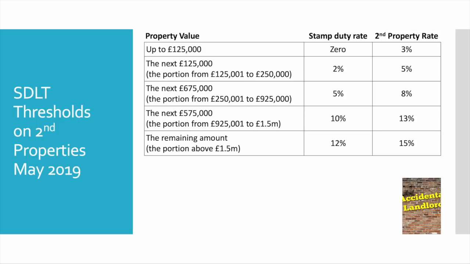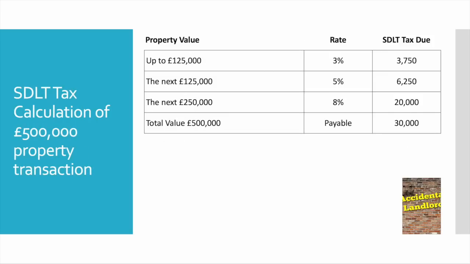Now, going back to the video that I saw this morning, the suggestion was using a property of value 500,000. If you were to buy this property and it fell into either the second property rate, the company rate, or the buy-to-let rate, you would incur stamp duty at the following rate. So the first 125,000 would be taxed at 3,750.